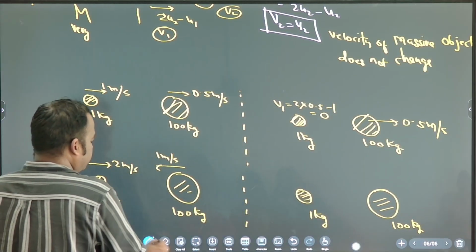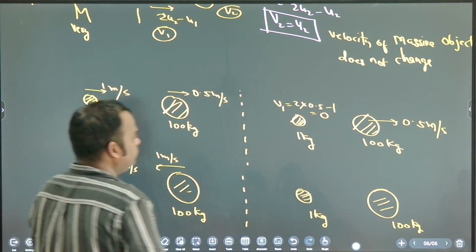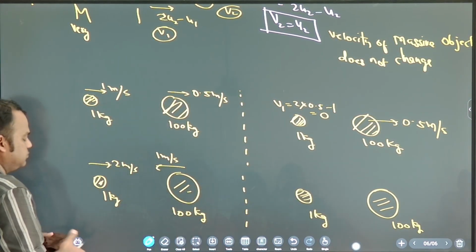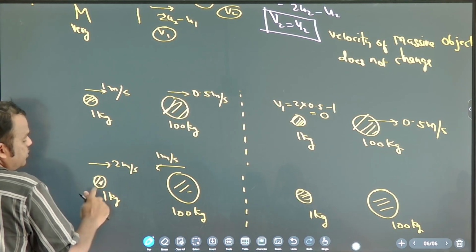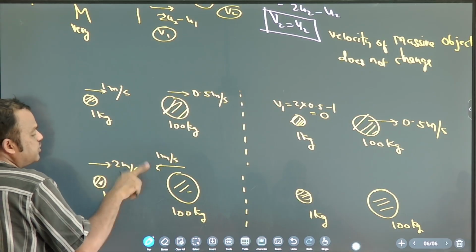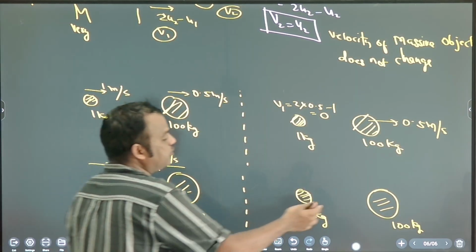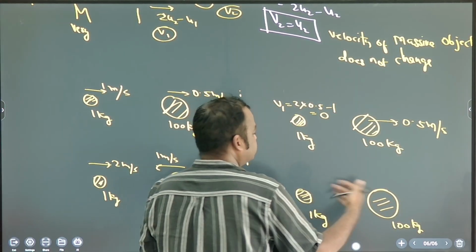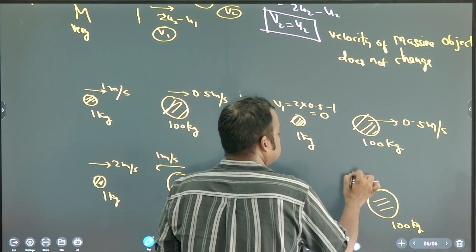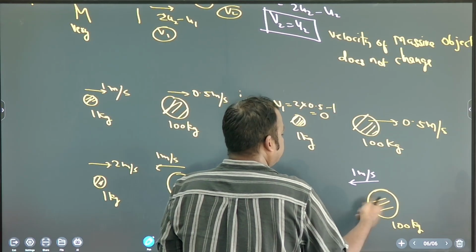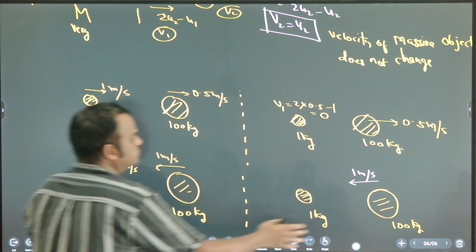So tell me, what is the final velocity of the massive object? Minus 1. It will be left only. No change. Massive object, no change. Same.